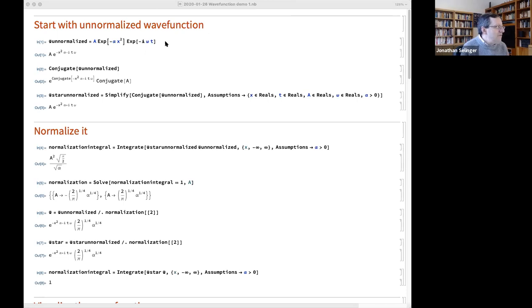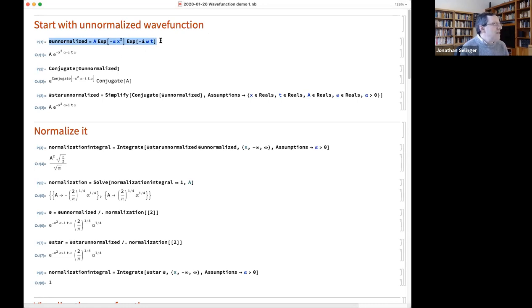So here to begin with is an example that is similar to the stuff that I was showing you yesterday. Here's an example of an unnormalized wave function that somebody might give you to start with. You can see things I highlight with my mouse, right?